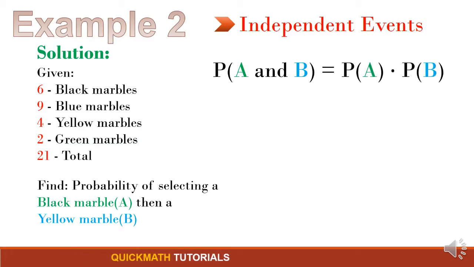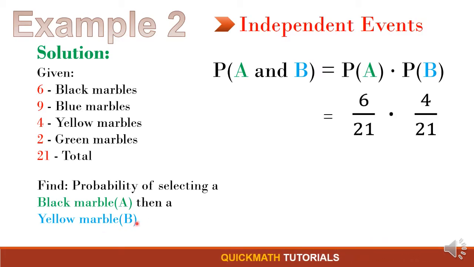the probability of A and B, which is equal to the probability of A, which is our black marble, times the probability of B, which is our yellow marble, equals the probability of selecting a black marble, which is 6 over 21. 6 since we are given 6 black marbles, over 21 since the total number of marbles is 21, times the probability of a yellow marble, which is 4 over 21. 4 since we are given 4 yellow marbles, over 21.